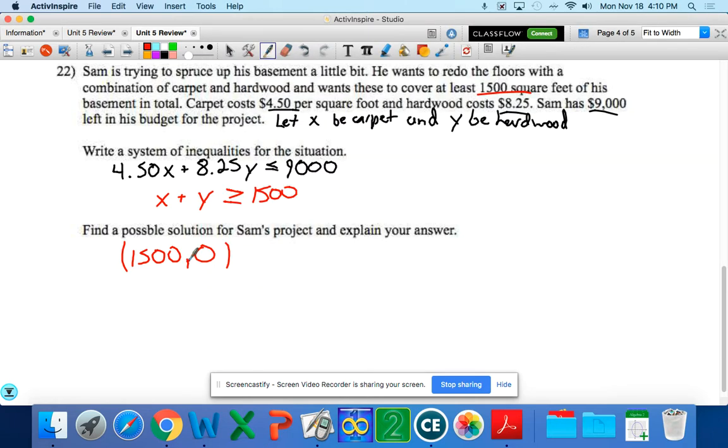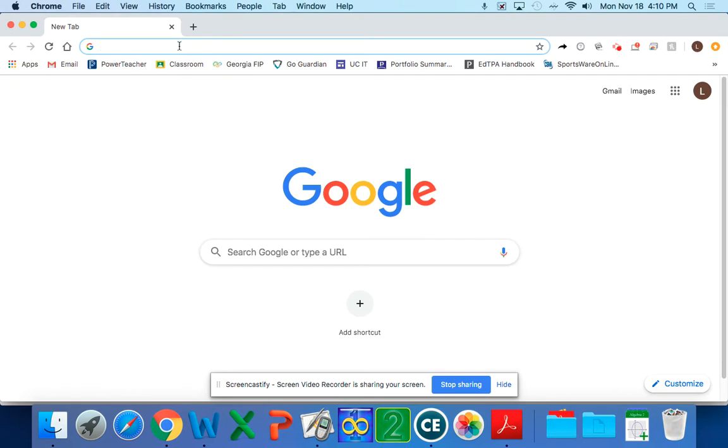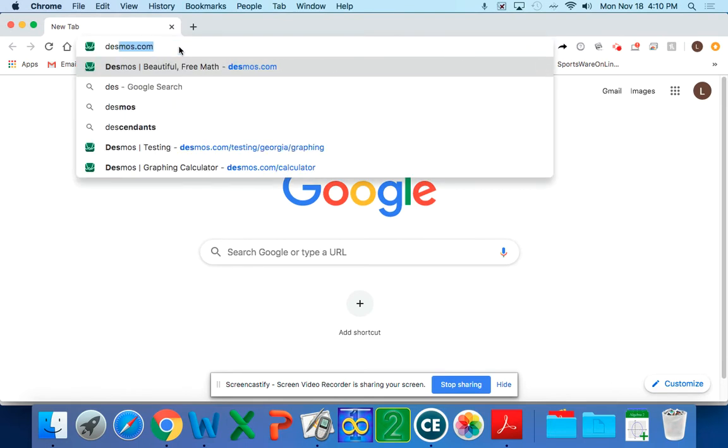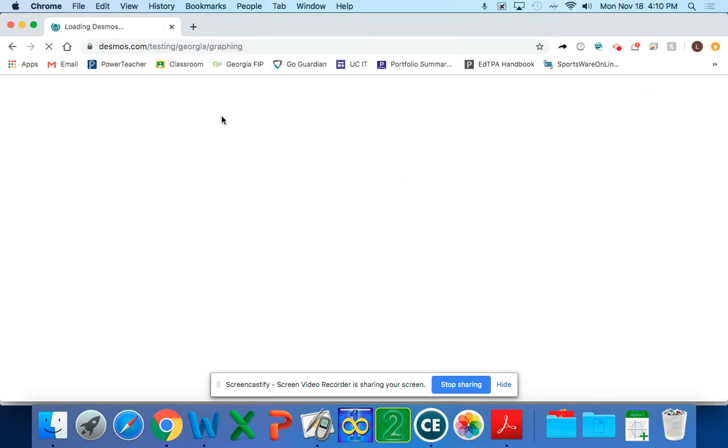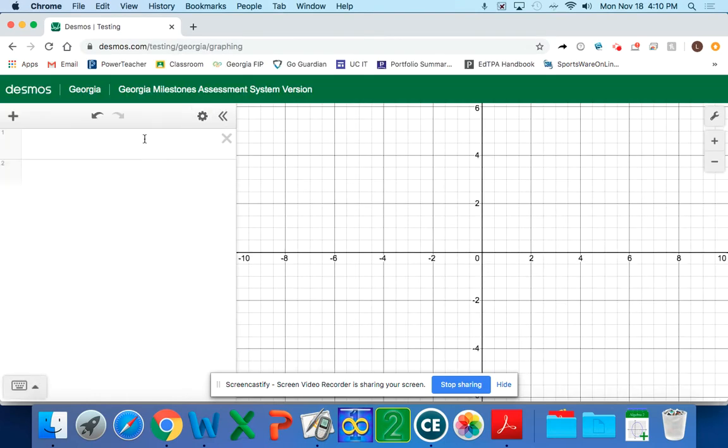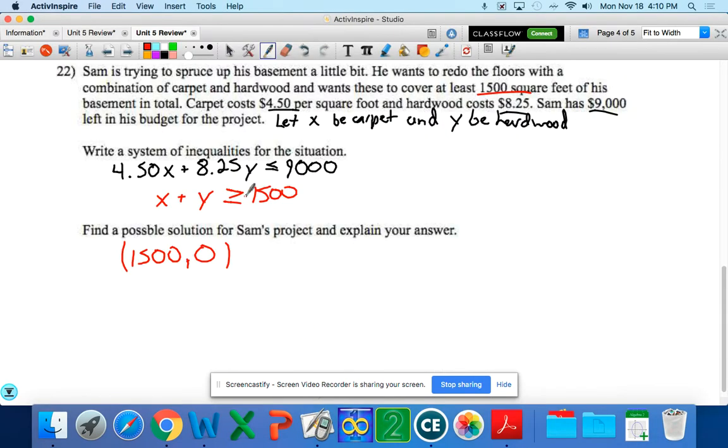The other way to do it is with Desmos. If we hop over into our computers, we go to Desmos. In particular, we want this Georgia graphing one. And we can type in both of our equations. The first one was 450 plus 825, X and Y respectively, less than or equal to 9,000.